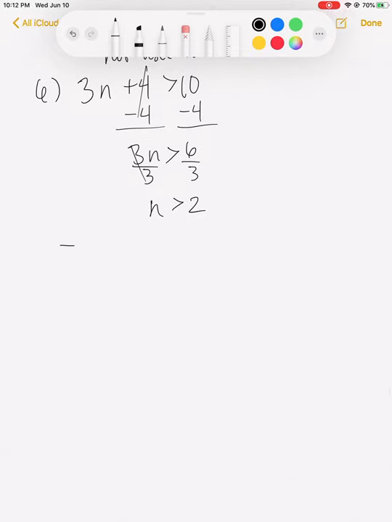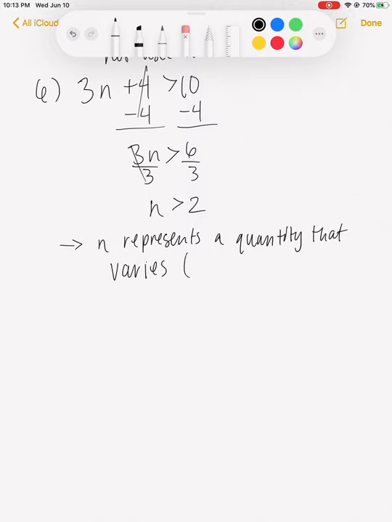So therefore, n represents a quantity that varies. Okay, and it has a restriction: it cannot be less than or equal to 2.